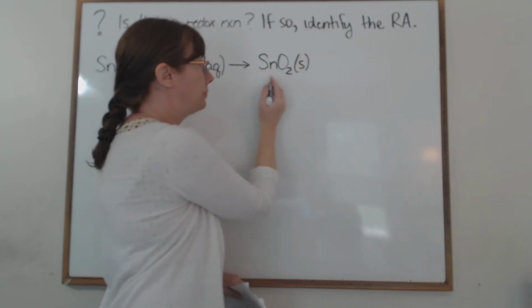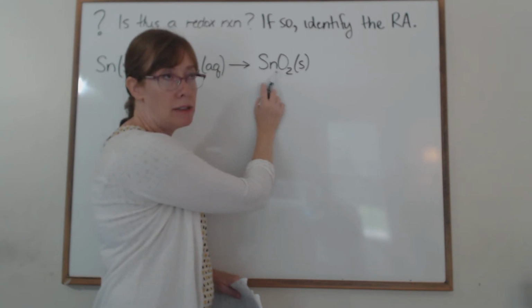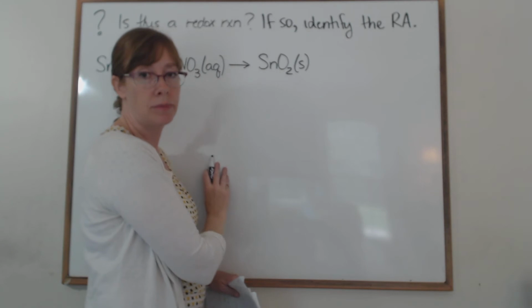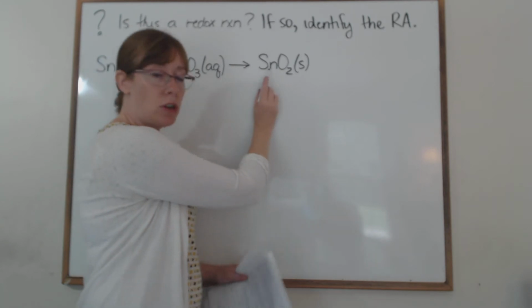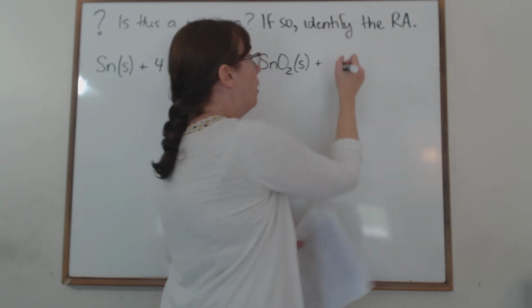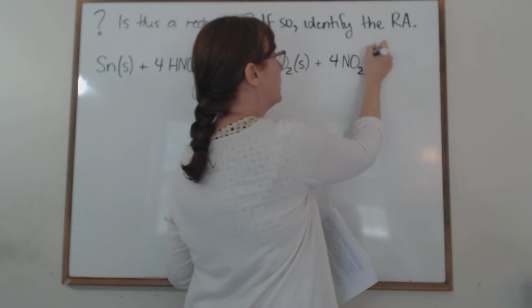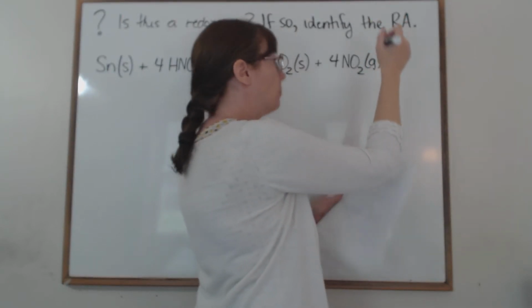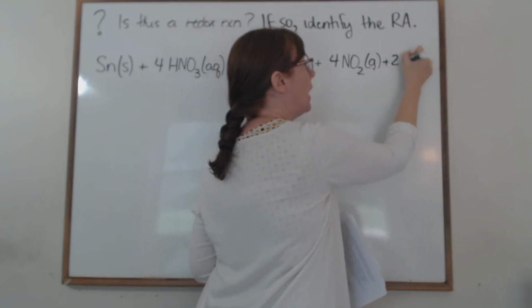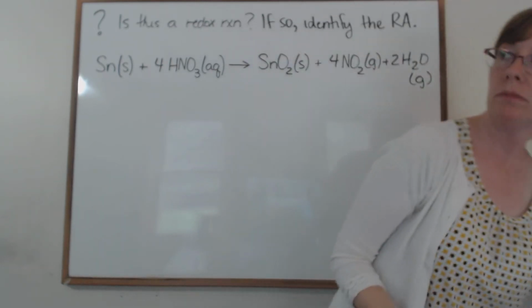By the way, what's his name? Let's think about that for a minute. Tin 4 oxide, because this tin has a 4+ charge. Plus 4 NO2, so that's nitrogen dioxide gas, plus 2 H2O gas. Okay.